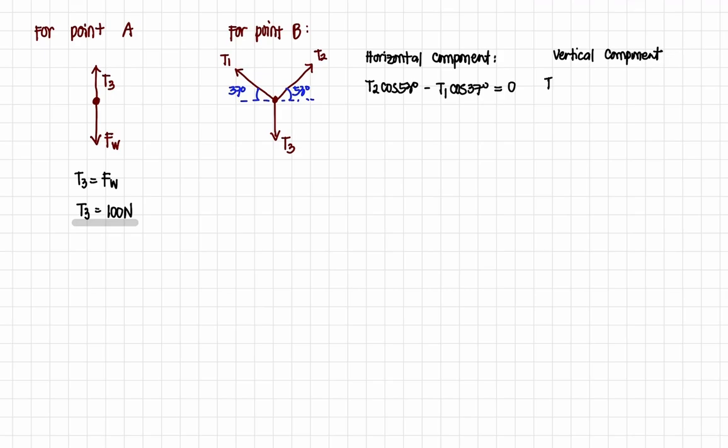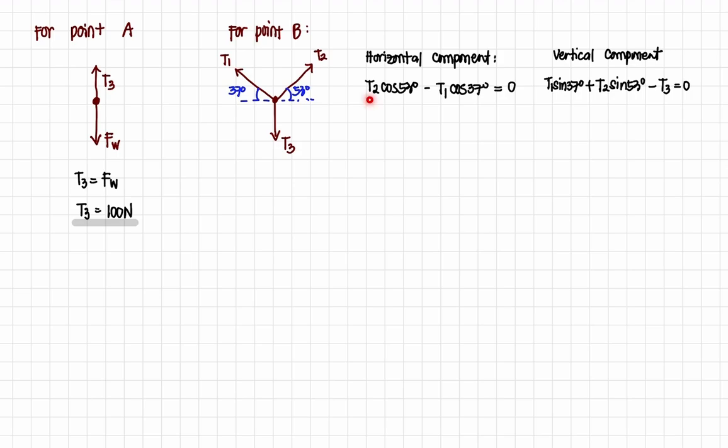That's T1 sine of 37 degrees, plus T2 sine of 53 degrees. And then this is directed downward. We don't need an angle for this anymore because it's directed vertically downward. So that's minus T3 equals 0.